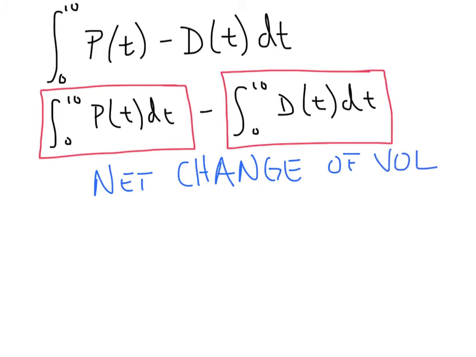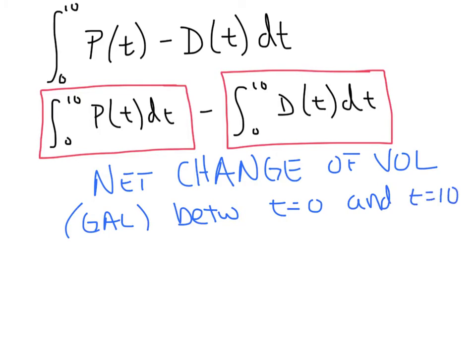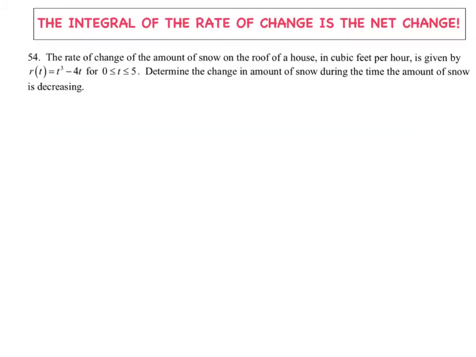Volume, measured in gallons, always incorporate your units, between t equals 0 and t equals 10 hours. So don't be afraid to split those two integrals up if that helps. All right, keep telling yourself the integral of a rate of change measures that function's net change.